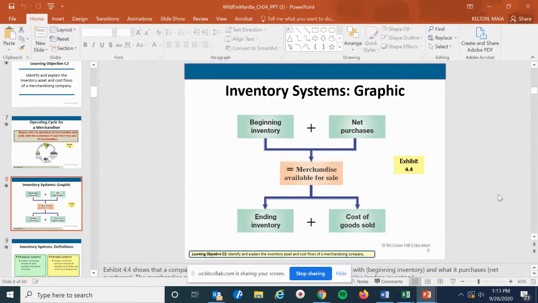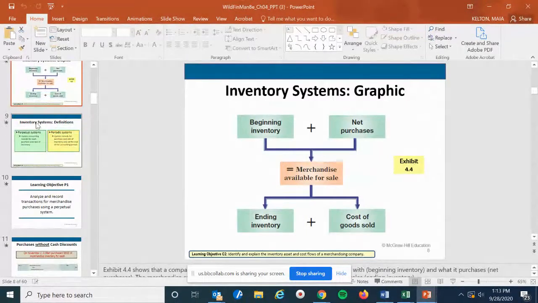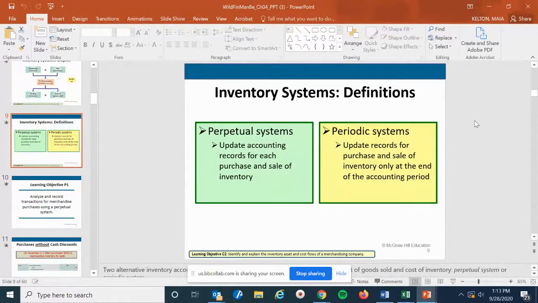Once some of the merchandise is sold, that part of the merchandise inventory account turns into cost of goods sold. And then we have the ending balance in the merchandise inventory, or what we have left at the end of the period.